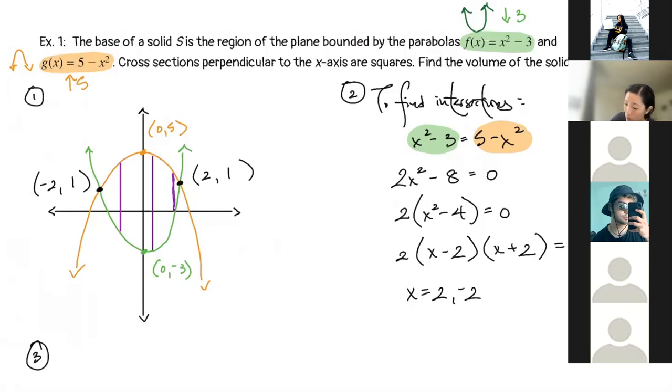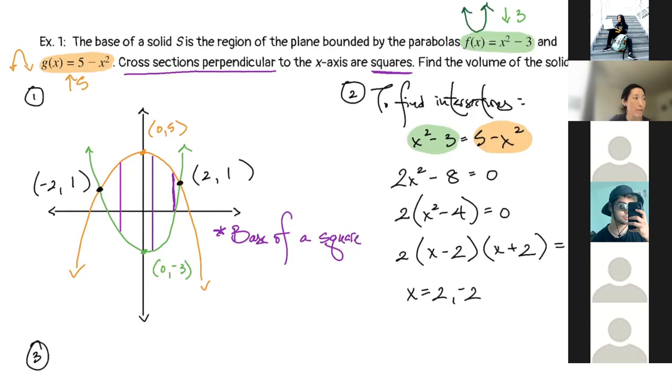Now, if we look back to the problem though, it says that the cross sections perpendicular to the x-axis are squares. So these purple lines represent, where do I write this? The base of a square.